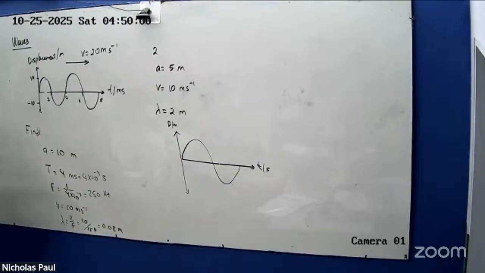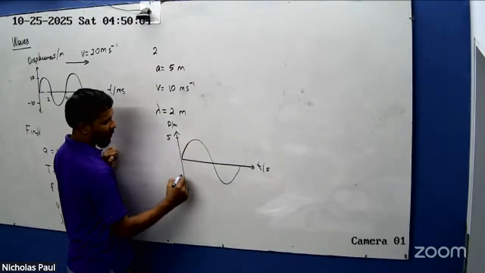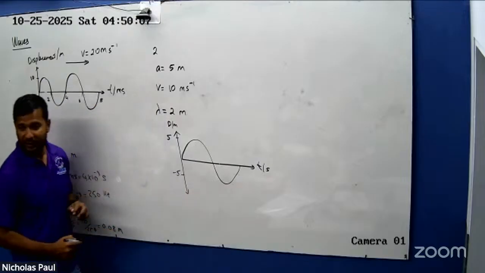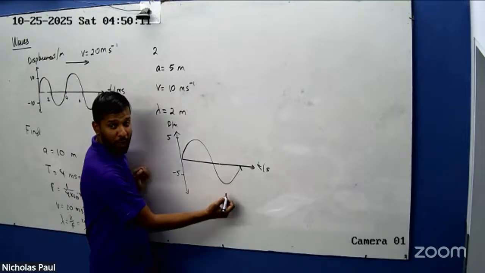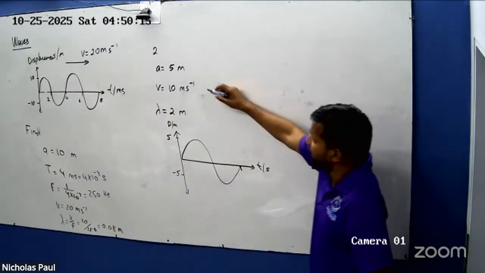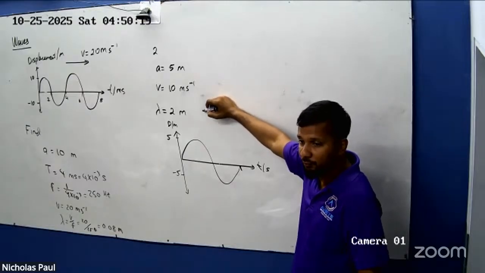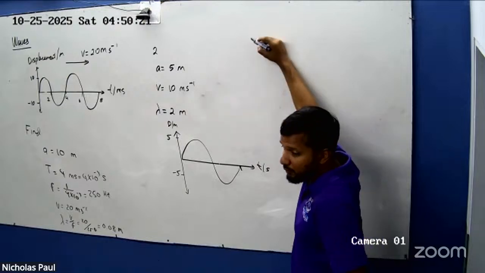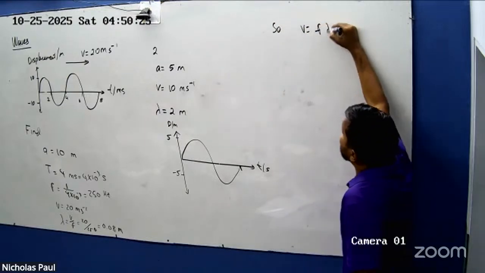So the largest value is what? 5, right? Smallest value, -5. What do we need here? Period, right? But there's no period given here, so what can we do? We can get the frequency, so we know V is equal to F lambda.